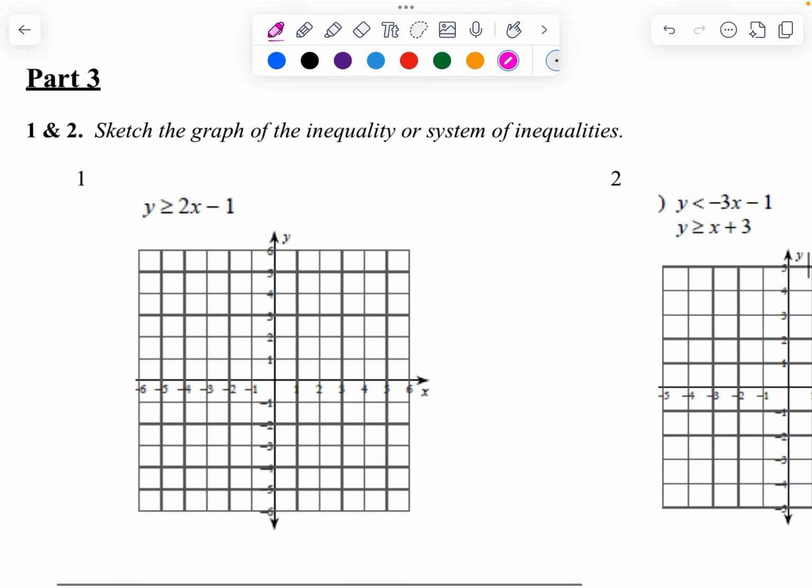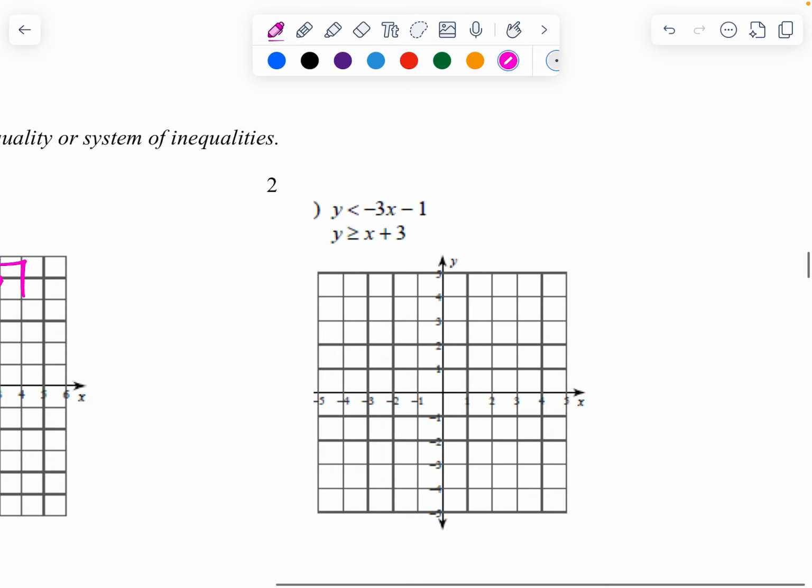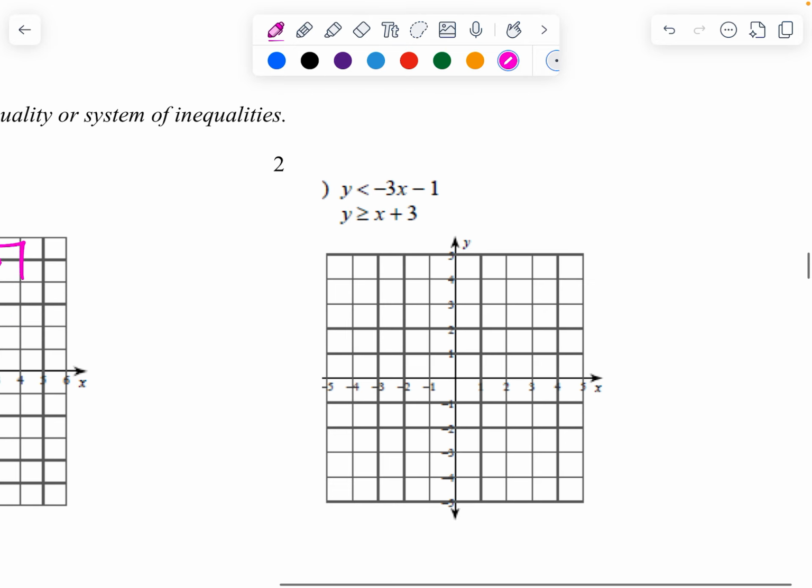This one. So I have a point at -1. I go up to 1, 2 over 1. Okay, it's a straight line, and then it's going to be greater than. There was only one there, yeah.